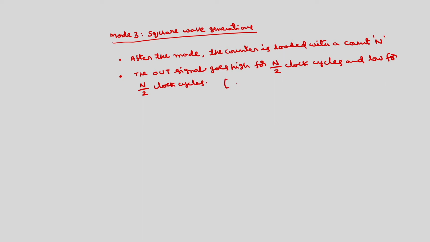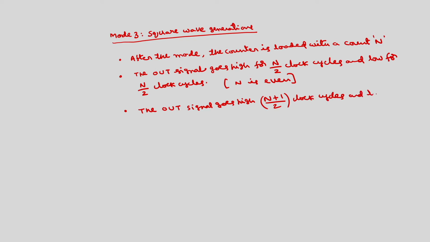This is the case if n is even. N can be odd also. So in case of n odd, the out signal goes high for n plus 1 by 2 clock cycles, and low for the remaining, which will be n minus 1 by 2.